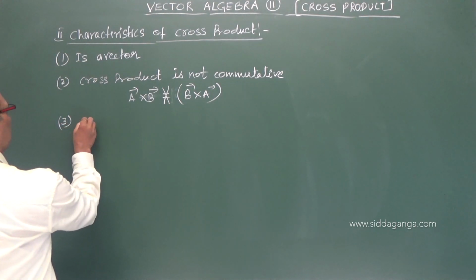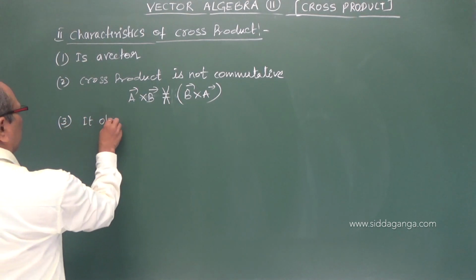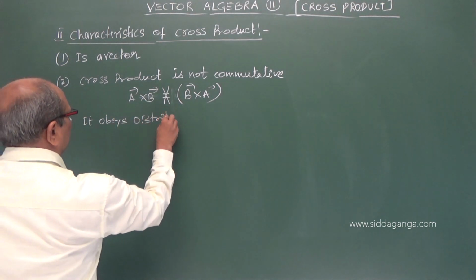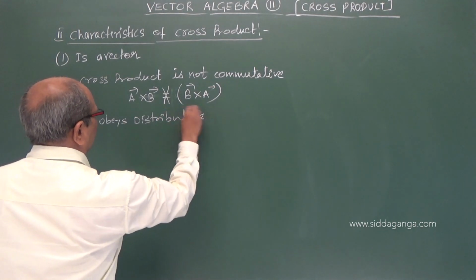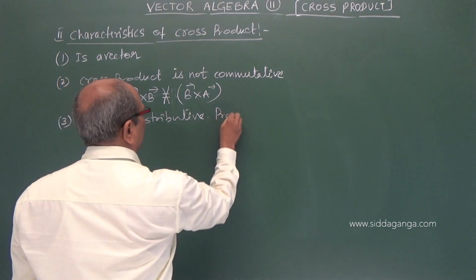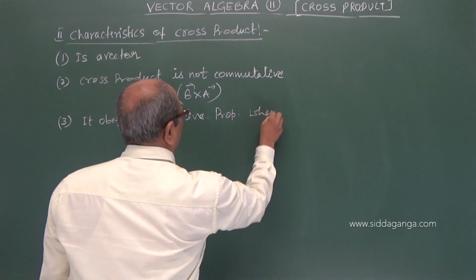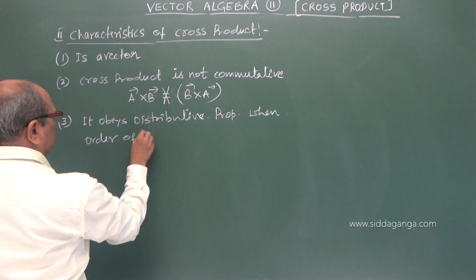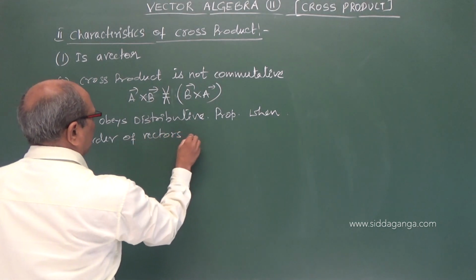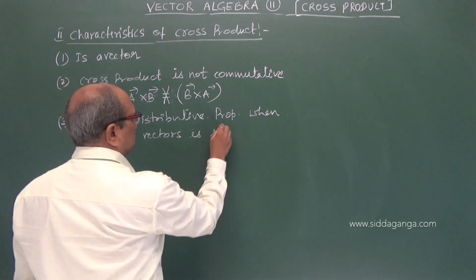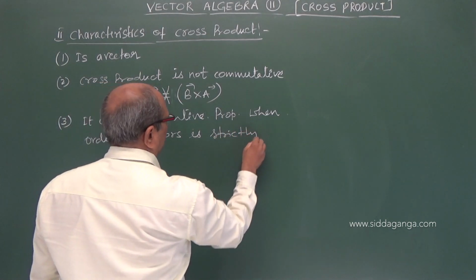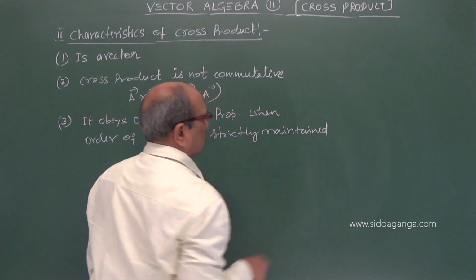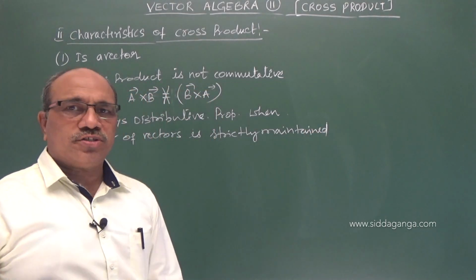distributive property, it obeys distributive property when the order of vectors is strictly maintained, that order should not be changed.